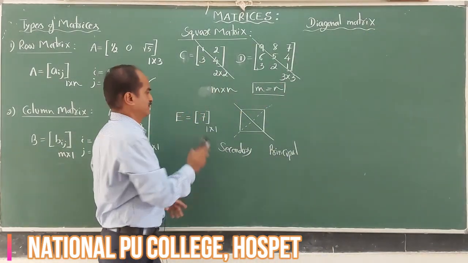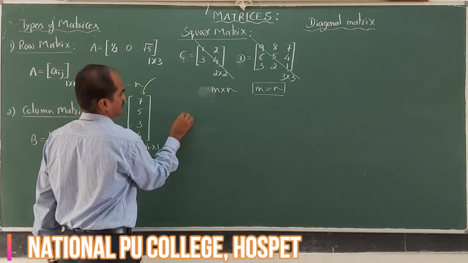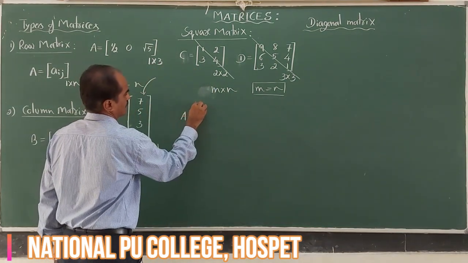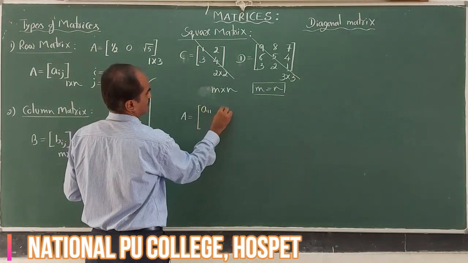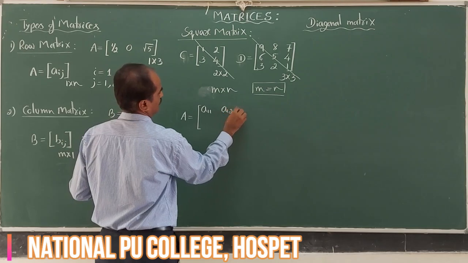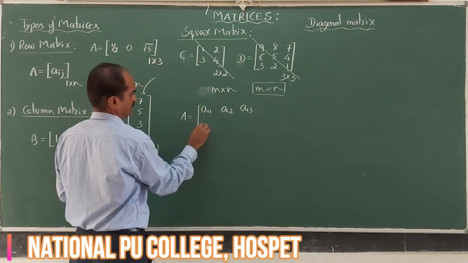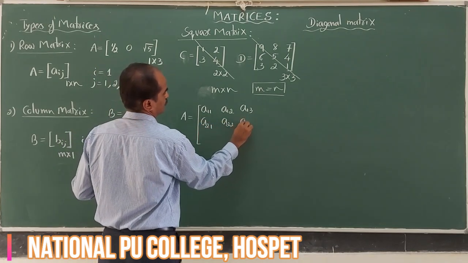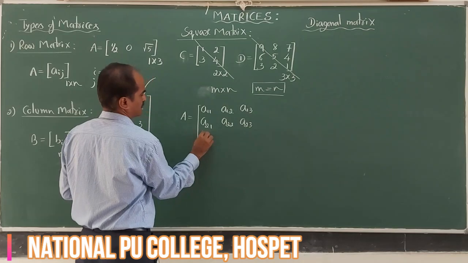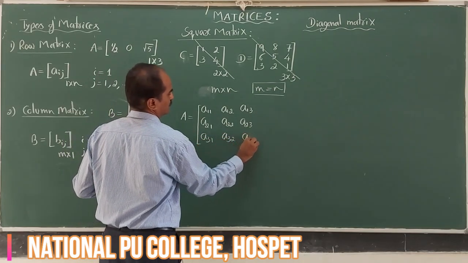Before that, let me write a square matrix with respect to their positions, elements. I write A11, A12, A13, A21, A22, A23, A31, A32, A33.